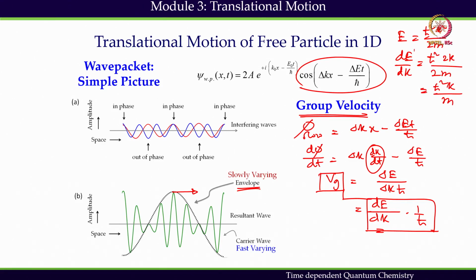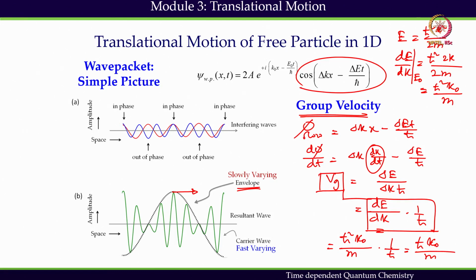And if it is taken at E naught, then it is going to be k naught. So I will be able to write h cut square k naught by m multiplied by 1 by h cut, which is nothing but h cut k naught by m.